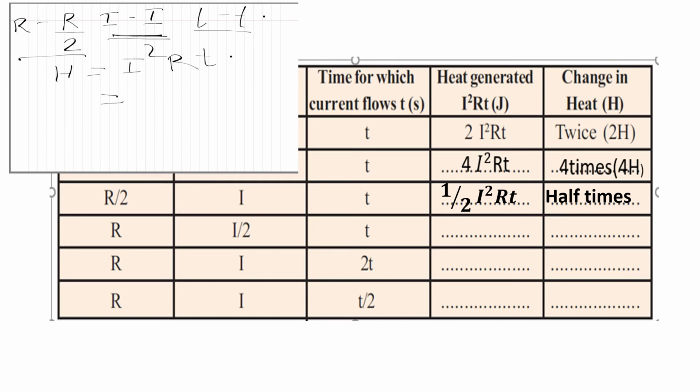There is no change in the value of I, so we write I squared into R by 2, into time T, with no change in the value of T. That is equal to I squared into R by 2 into T, which is I squared into R into T into 1 by 2. So write 1 by 2 in front: the heat is half.